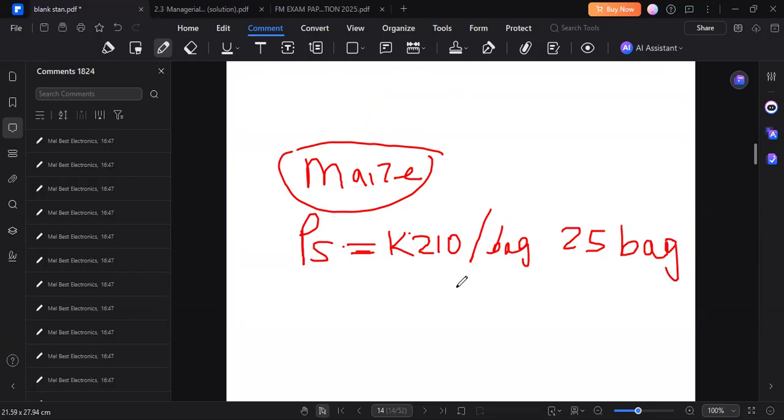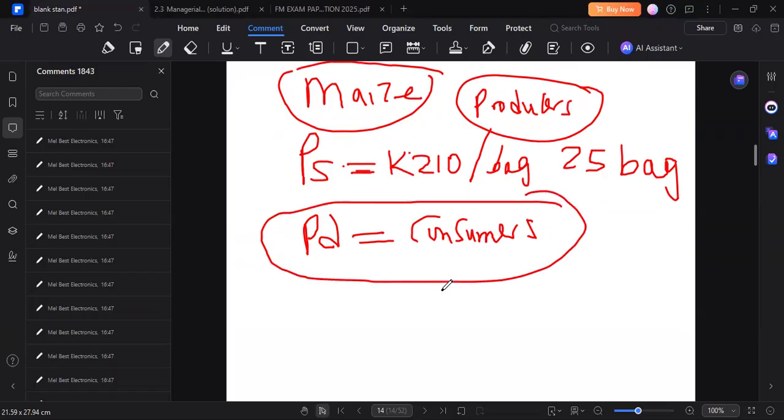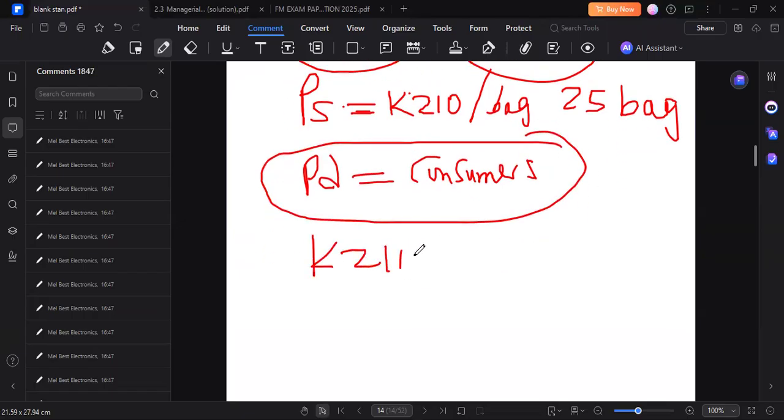If this is the price supplied by producers, that's the price demanded by consumers. Whether you like it or not, you will still demand a bag of mealie meal at 218 kwacha or 250 kwacha. You get my point, right?